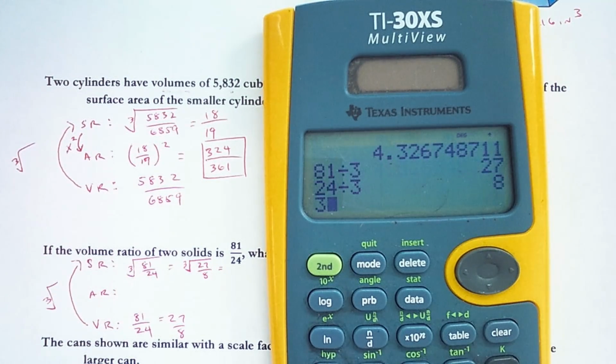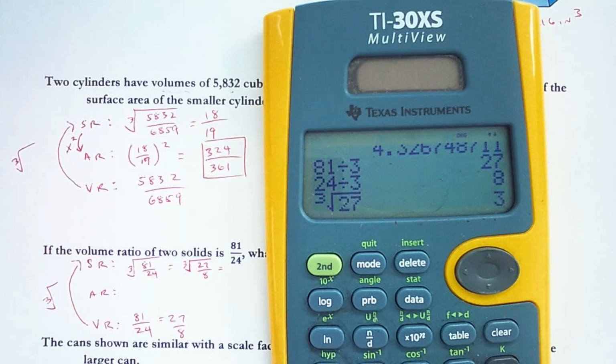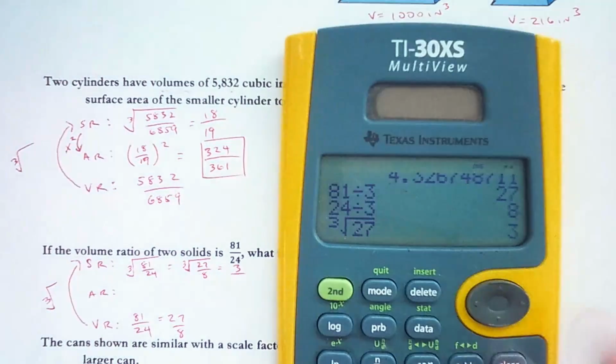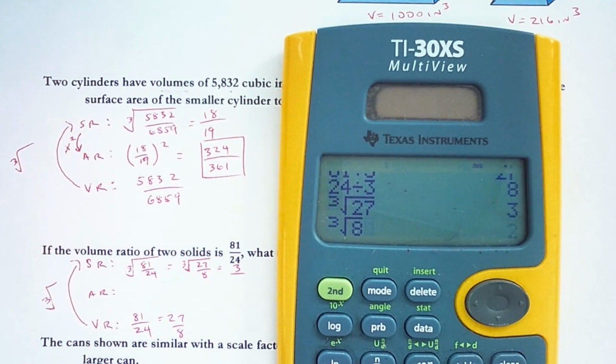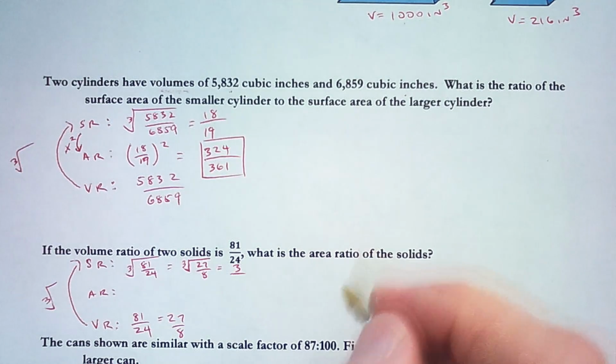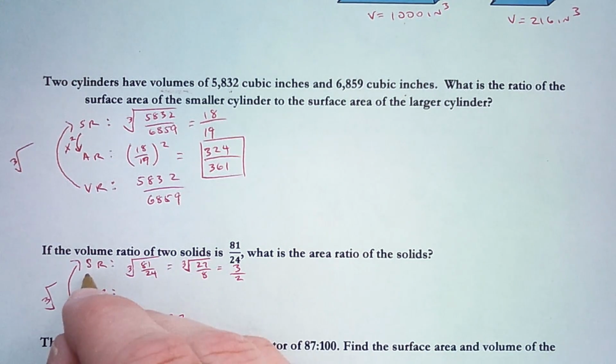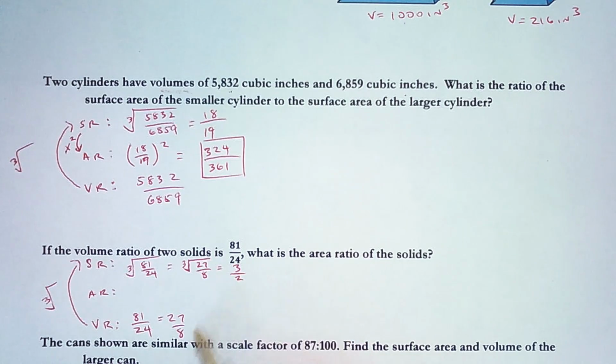The cubed root of 27 is 3. And the cubed root of 8 is 2. So 3 over 2 is the similarity ratio. That's a over b. I started with a cubed over b cubed.